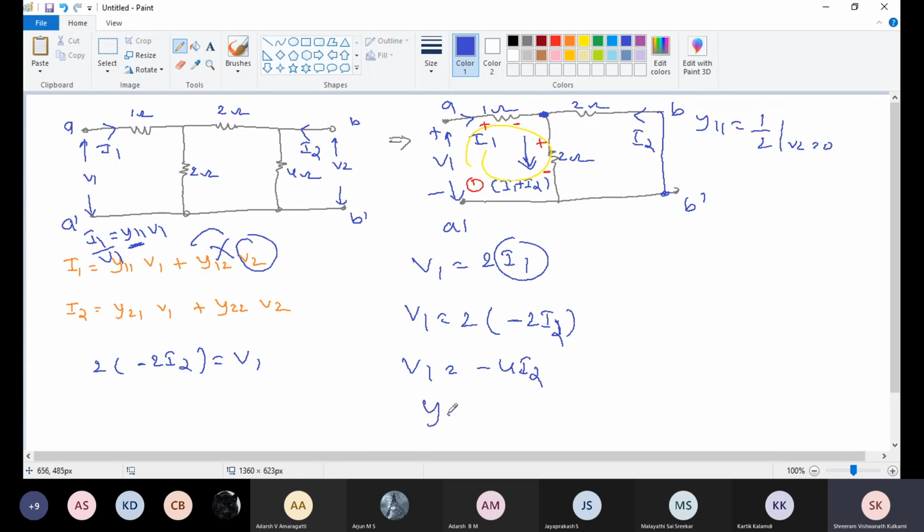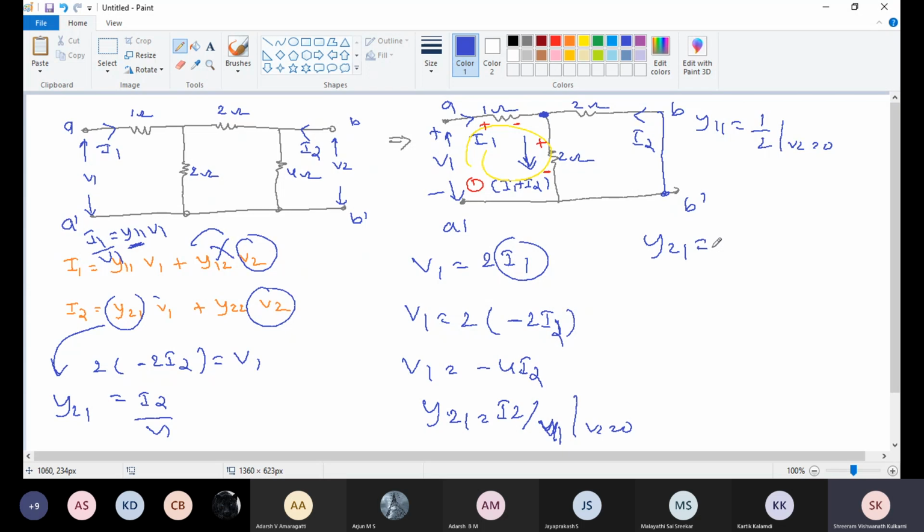Then Y21 is equal to I2 divided by V1, V2 equal to 0. Then Y21 equals minus 1 by 4 mho.